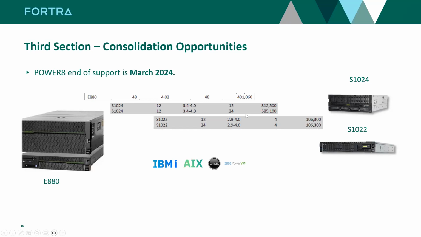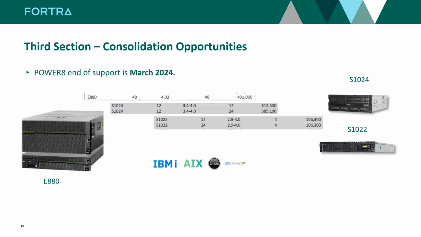So here you have alternatives for lower cost. If you have a 48-core E880 that's capable of 491,000 CPWs, it's a P30 processor group. You can have even a bit more processing power on a 24-core S1024 that's capable of 585,000 CPWs, and it's a P20. And you can transfer the licenses.